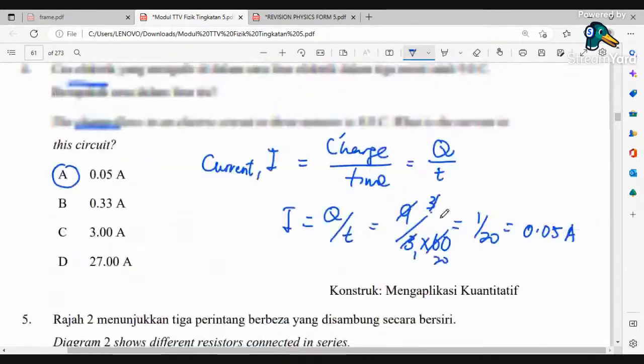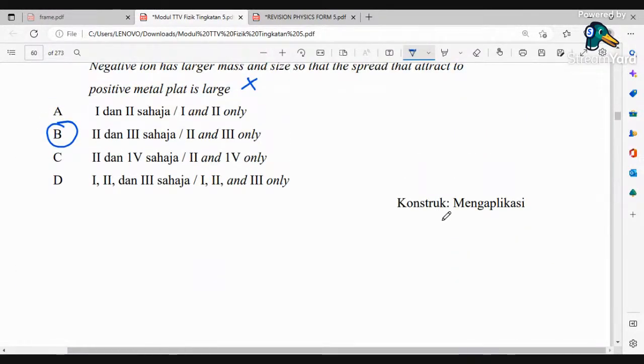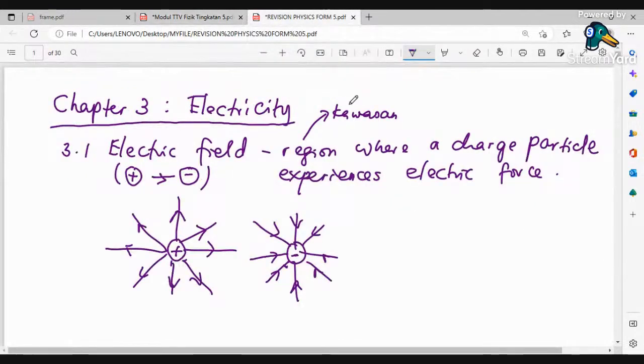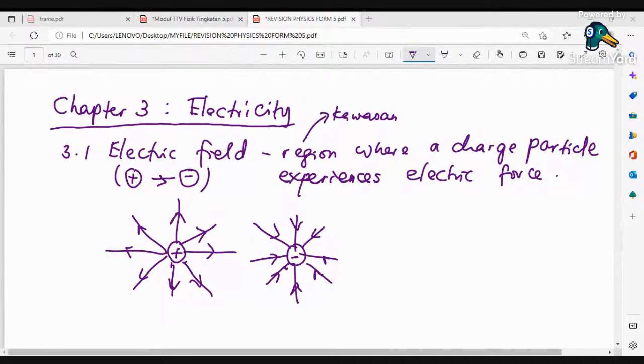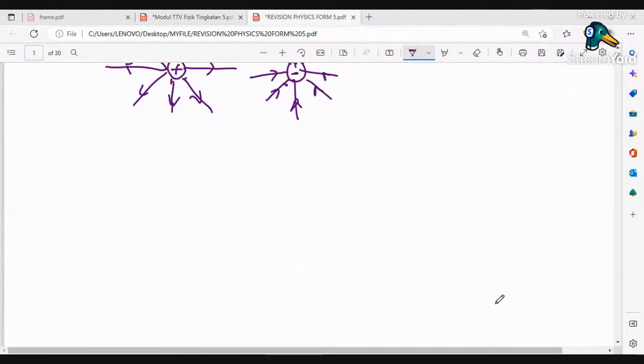Before I continue number 5, I also want to explain a little bit more about electric field strength.